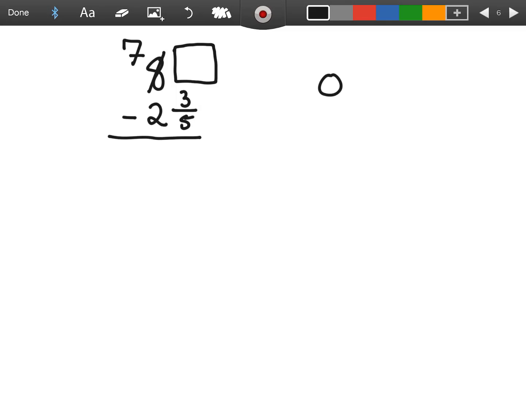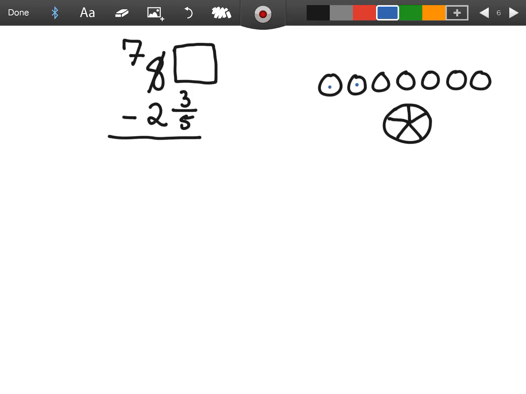So I now have 7 wholes. And basically I took this 8th whole and I'm going to turn it into a fraction. Well, if the other fraction is in fifths, we want this fraction to be in fifths. So we still have our 8, 1, 2, 3, 4, 5, 6, 7, 8.